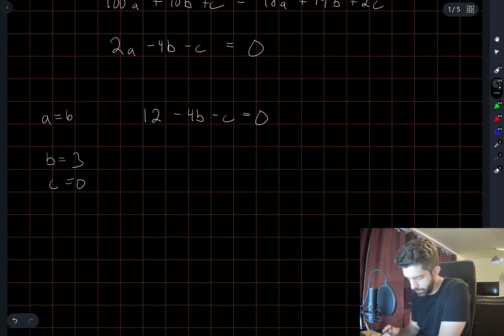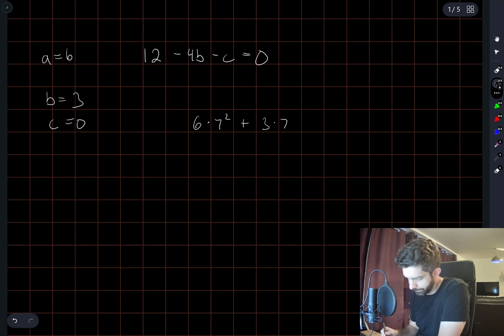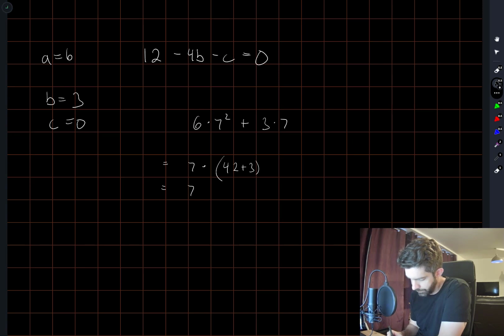So let's check what number this gives us. 6 times 7 squared plus 3 times 7. Let's factor out a 7. 7 times 42 plus 3, 7 times 45.